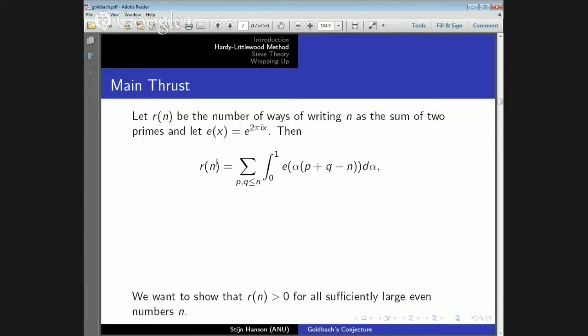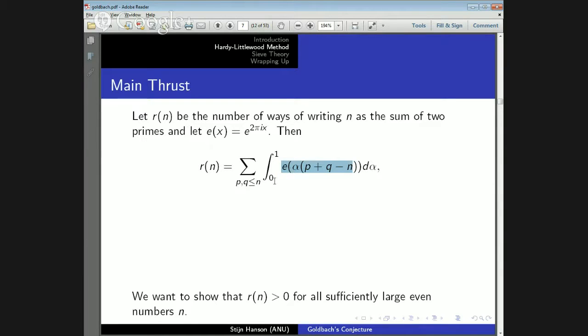Now, we can write R of n in the form of this sum here. And the reason we can do this is that if p plus q equals n, i.e. if n can be written as the sum of two primes, where the sum is taken over all primes p and q, then this thing is just 1.